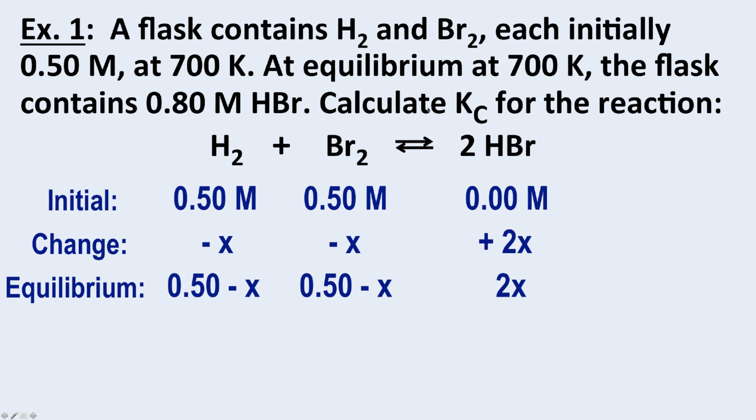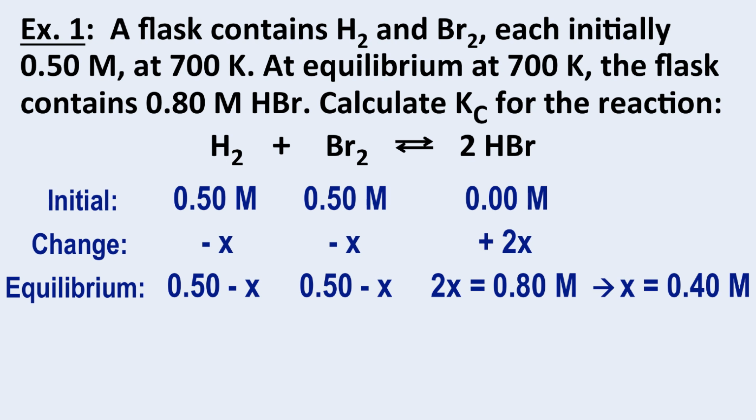Now note, the problem tells us that at equilibrium, the flask contains 0.80 molar HBr. So 2x is actually equal to 0.80 molar. Well, if 2x is 0.80 molar, then x must be 0.40 molar. And what this does is not only give us the concentration of HBr at equilibrium, but we can figure out the concentrations of H2 and Br2 at equilibrium.